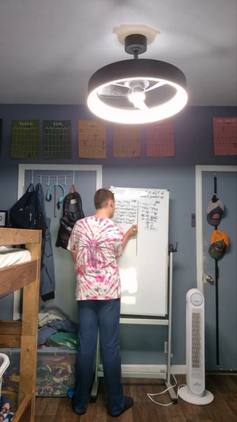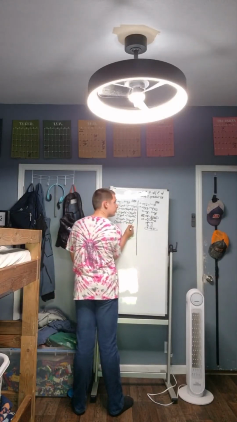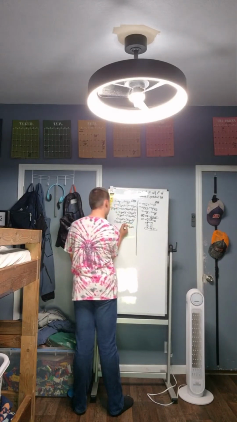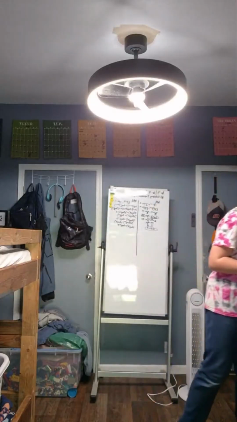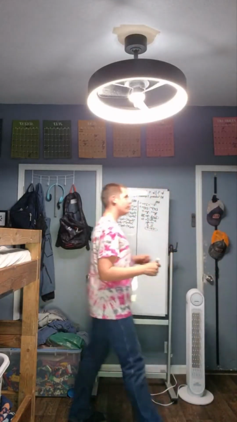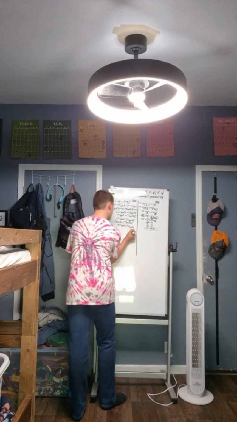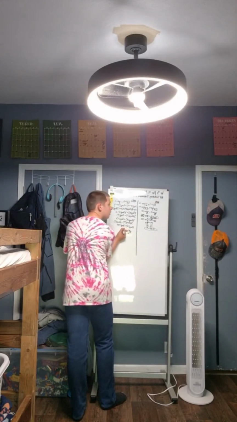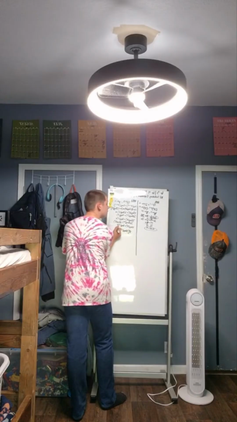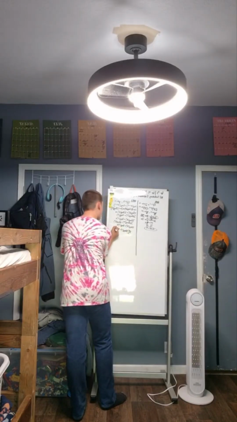Okay, so 3 log 5 plus log 7 equals this full equation. So it's x times 2 log 7 minus log 5.